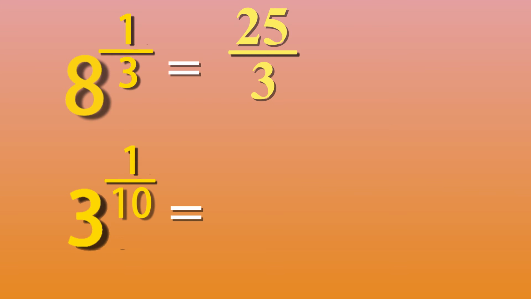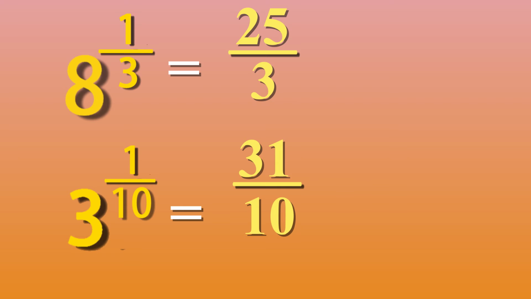Now we'll convert 3 1/10. Move the numerator 1 to the right hand side, multiply the whole number by the denominator of the fraction, and that's 3 times 10, which equals 30, and add that to the right hand side numerator, that's 1 plus 30, which equals 31. Then copy the denominator of the fraction to the right hand side, so we've got the fraction 31 over 10.